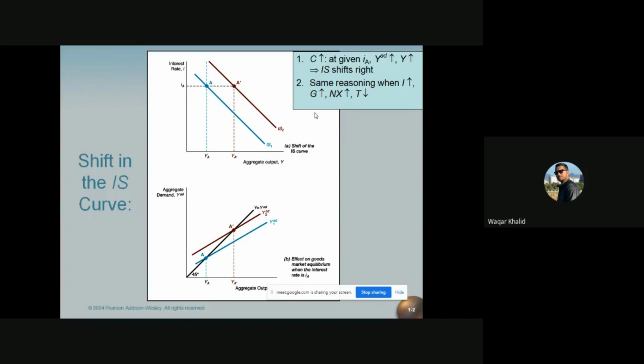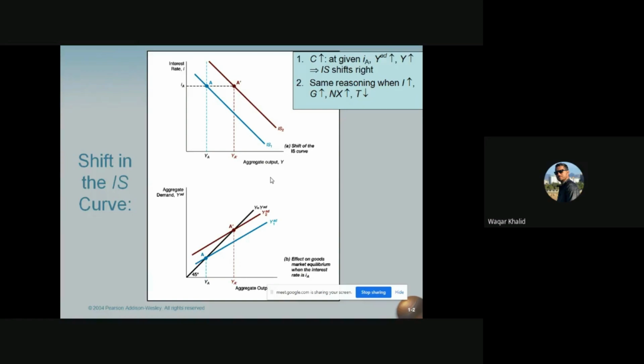For example, if IS2 is the original IS curve, in the case of a decrease in planned investment expenditures, the IS curve will shift from IS2 to IS1. So this is the result. This was the second important factor.